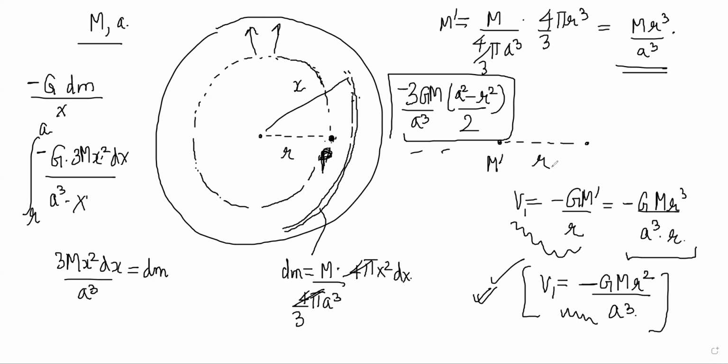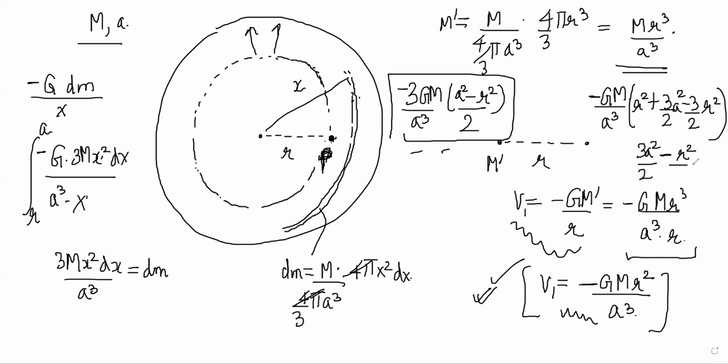Taking minus GM by a³ common, you will have r² plus 3/2 a² minus 3/2 r². So you get 3a²/2 minus r²/2, and finally you can write it as minus GM by 2a³ times (3a² minus r²).